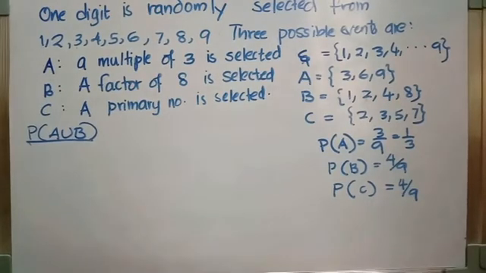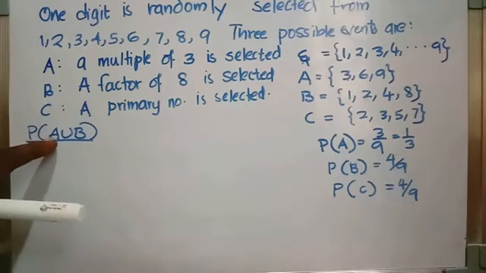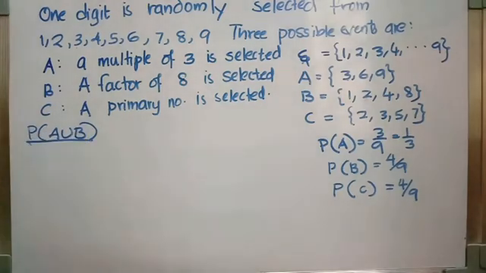So to find out probability of A union B, we have to check whether the events are mutually exclusive. We have to check whether the events A and B are mutually exclusive. So how do we check?